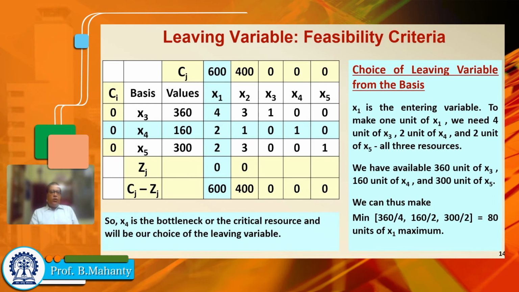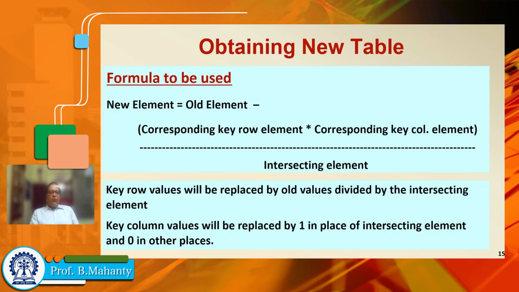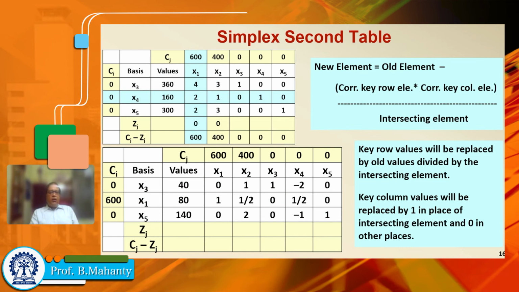Because we have to now have a new canonical form in terms of x3, x1 and x5. So initially, it was 100, 010, 001 with respect to x3, x4, x5. Now we are trying to transform that to x3, x1 and x5 in such a manner that x3, x1 and x5 will now form 100, 010 and 001.